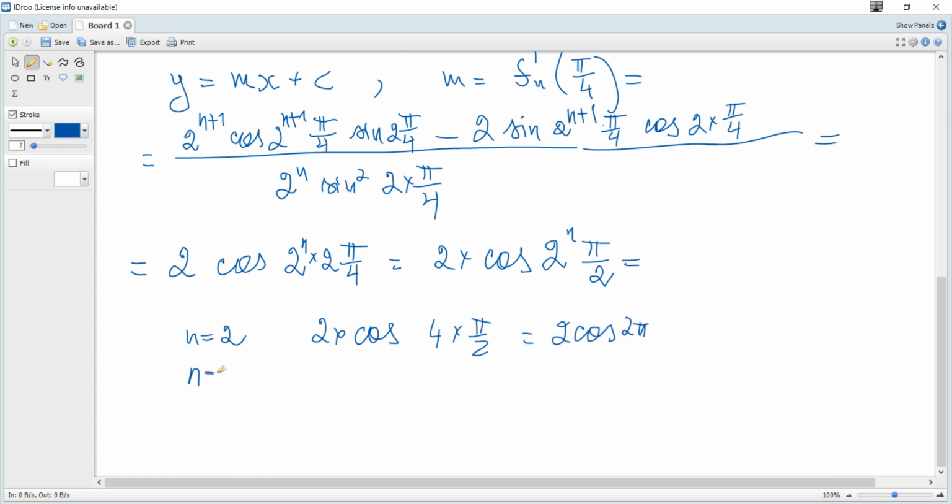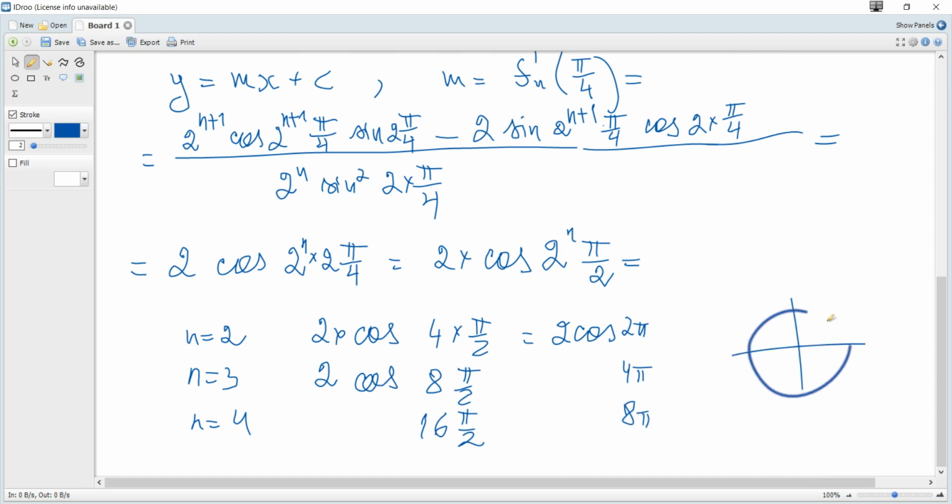When n is 3, it becomes 2 cosine of 8 pi over 4, which is 4 pi. When n is 4, it will be 16 times pi over 4, which is 8 pi, and you can see that we get the same points.